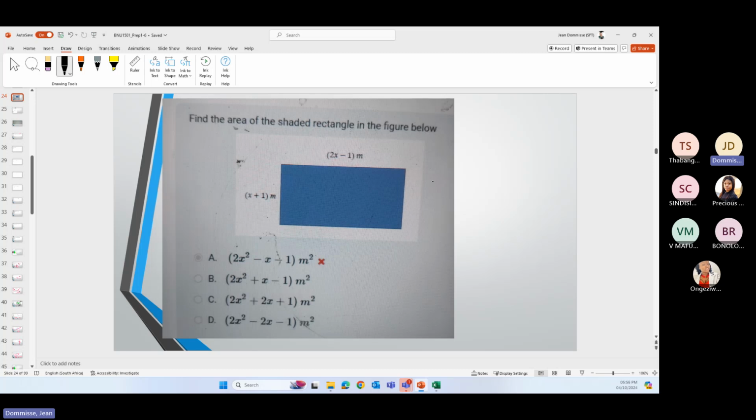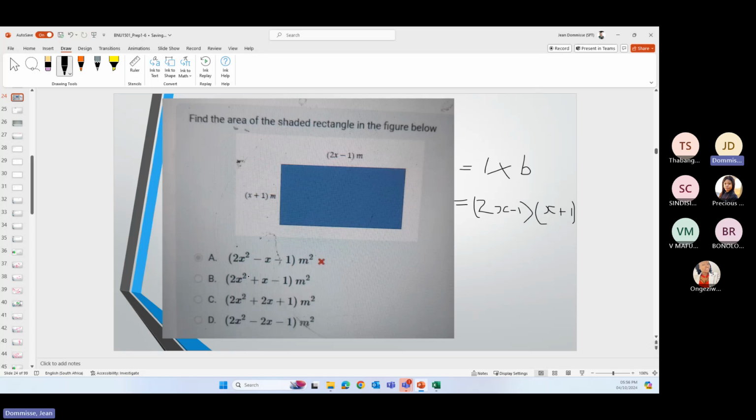So we need to remember, okay, area is equal to length times breadth. So the one side is 2x minus 1. The other side is x plus 1. And then we will need to multiply that out.